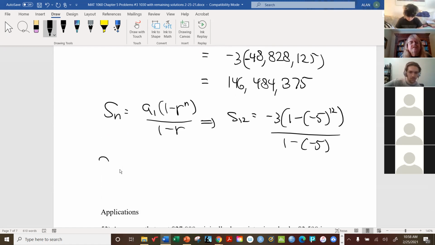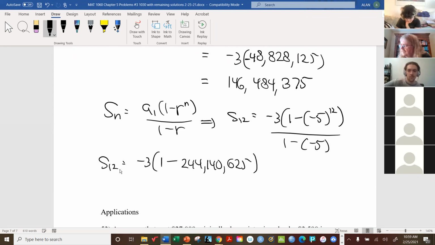You've got -3. Now, -5 to the 12th, because that's an even exponent, is going to be a positive number. 244 million 140 625 over 6.